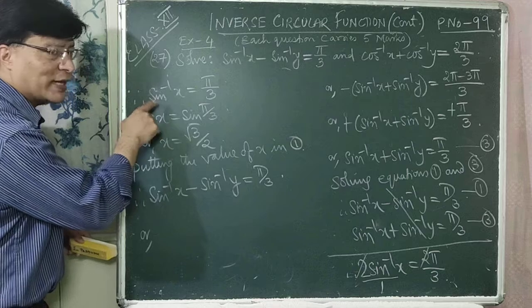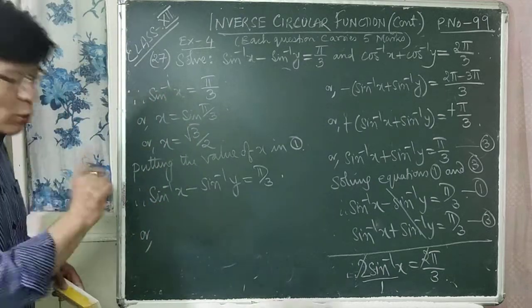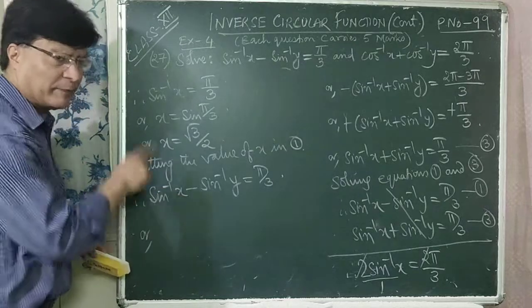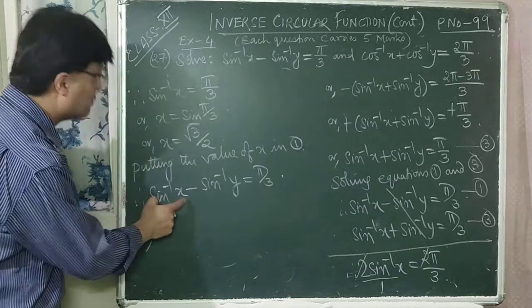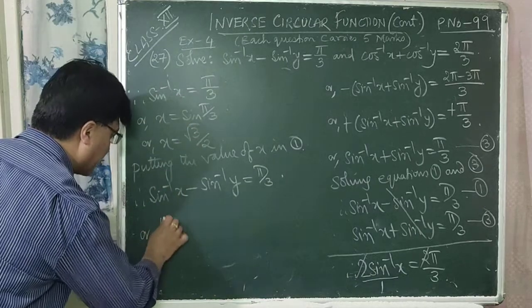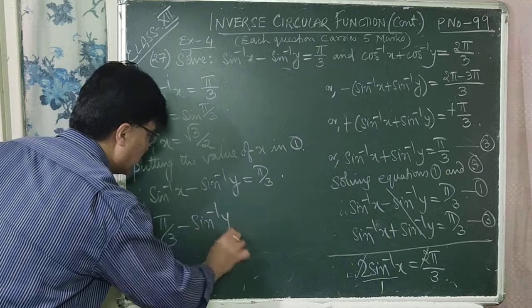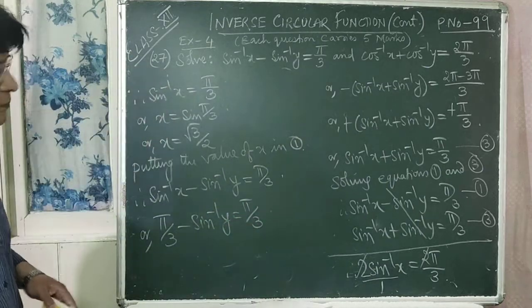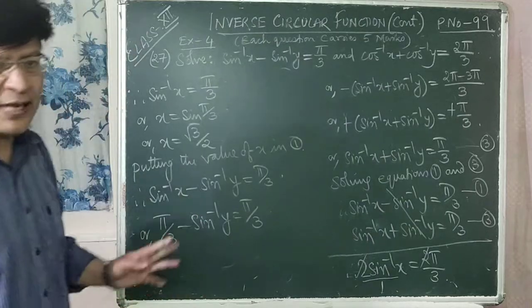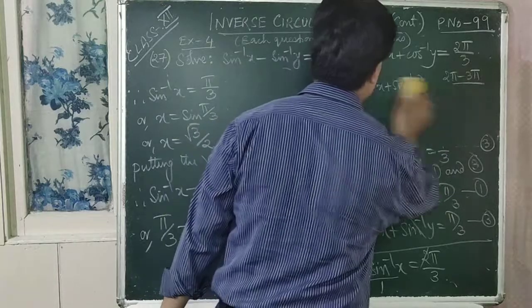So directly you can put sine inverse x equal to pi by 3 in this case. No need of putting only the value for x here. Again you have to simplify it, isn't it? So let us put here pi by 3 minus sine inverse y is equal to pi by 3, right? So let us get the value for minus sine inverse y, that is pi by 3 is taken to the right-hand side now.